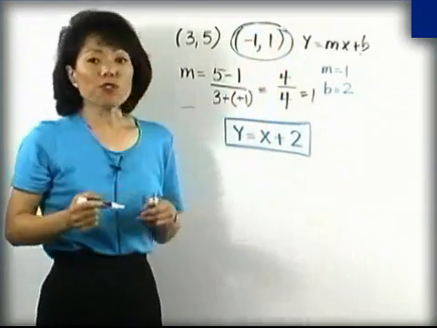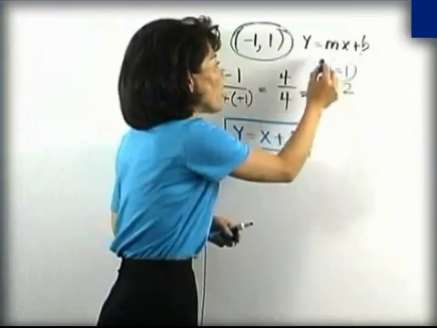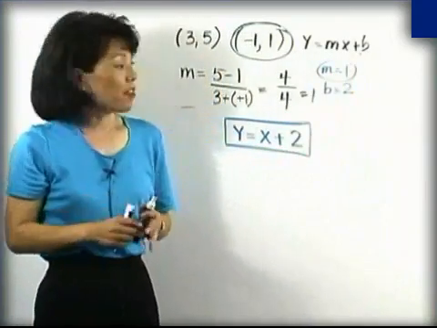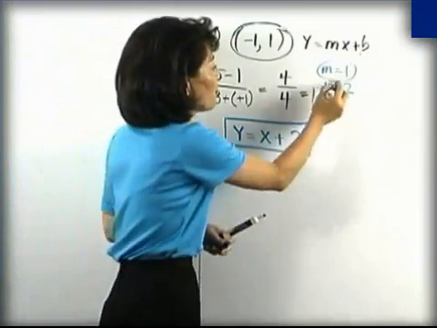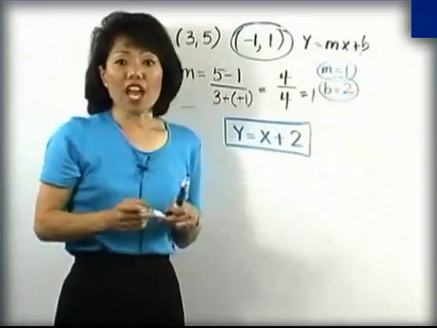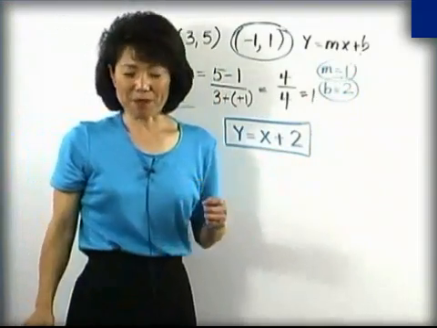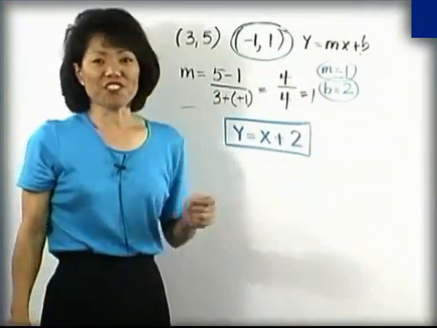In this case, we used -1, 1, and the fact that m is 1, substitute all those 3 values into the form y equals mx plus b, solve for b, which gave us the second piece of our puzzle. Take the values for m and b, substitute them into the form y equals mx plus b, and you finally have the equation of your line.